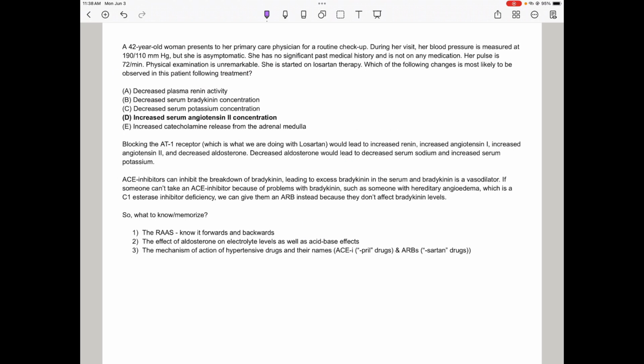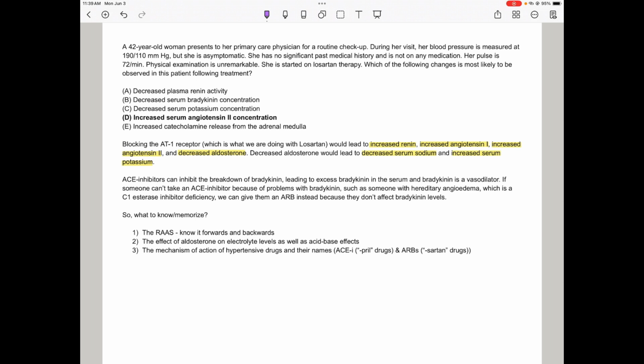So going back to the answer choices, we are looking for increased renin, increased angiotensin 1, increased angiotensin 2, and decreased aldosterone. And decreased aldosterone would lead to decreased serum sodium and increased serum potassium. So this is what we're looking for in the answer choices.